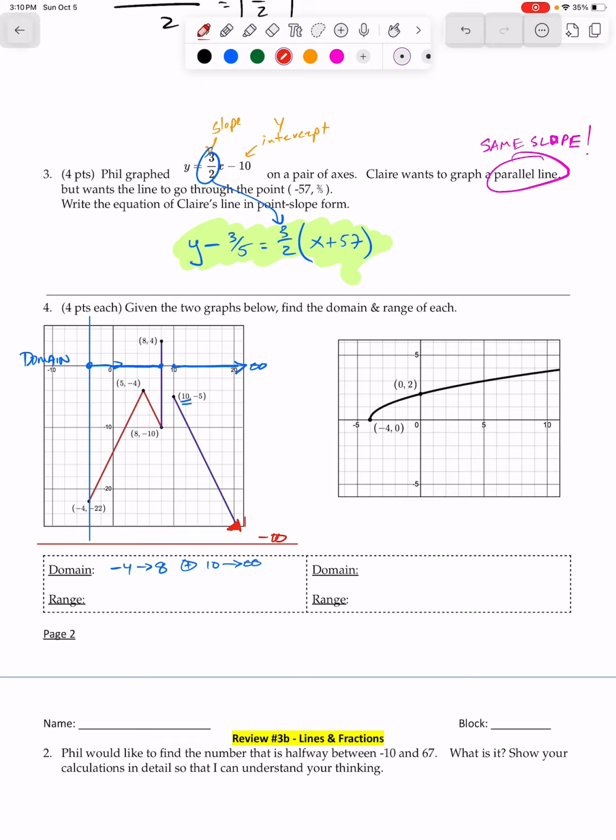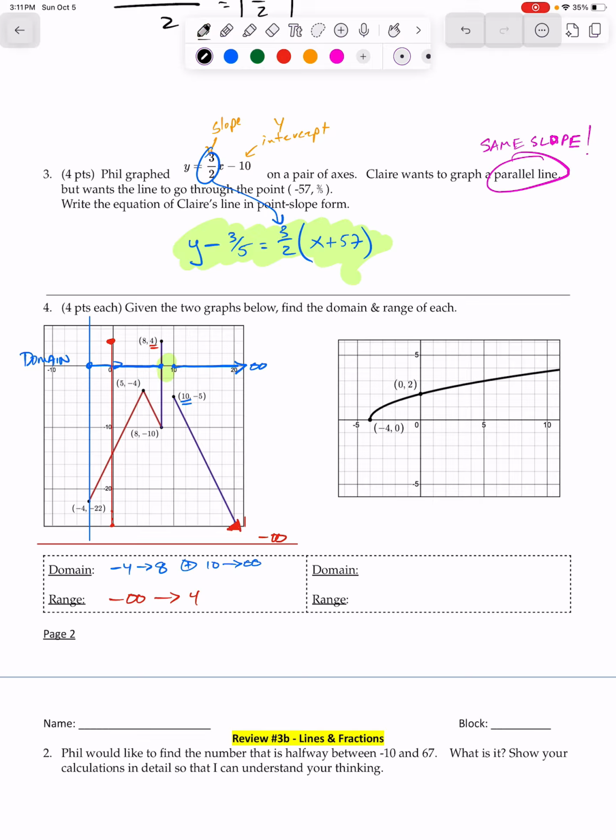I'll do it on the y-axis. So I'm using all of these y values all the way up to there. That's my highest y value. So I go from negative infinity all the way up to 4. And there's no gaps in there. The weird part about the domain was that there was this gap right there where no x's have been used. Like 9.5 doesn't show on the graph anywhere. 9 doesn't show on the graph, right?